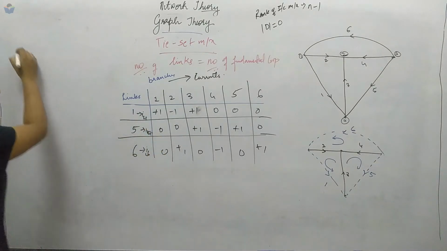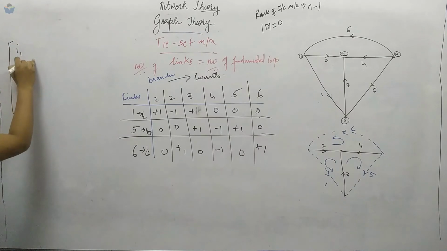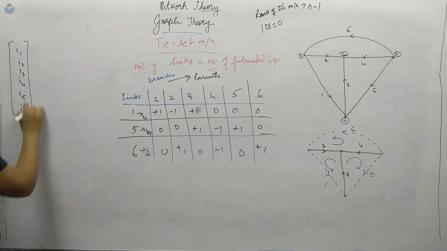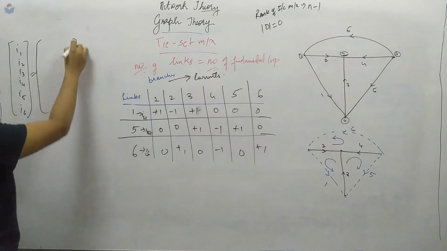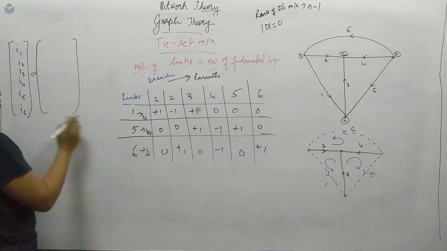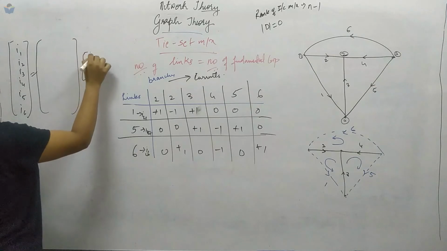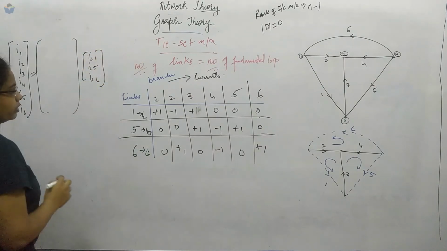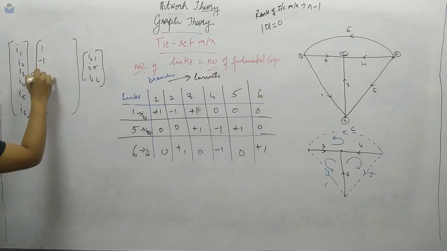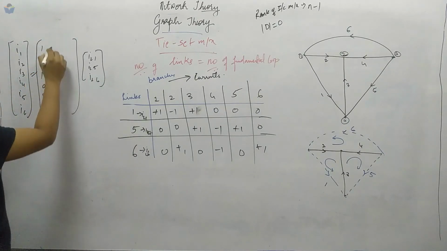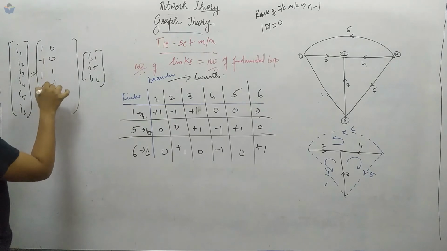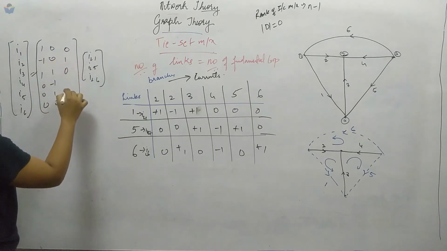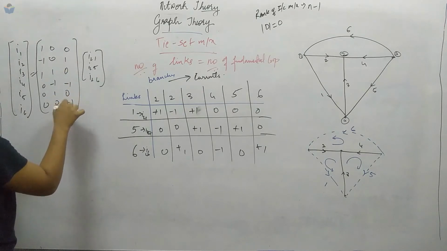Let me write here. So here we have I1, I2, I3, I4 and I6. This is where we have got the links, these values. And here it is IL1, IL5, IL6. So plus 1, minus 1, plus 1, 0, 0, 0, 0, 0, 1, minus 1, 1, 0. Then we have 0, 1, 0, minus 1, 0, plus 1.